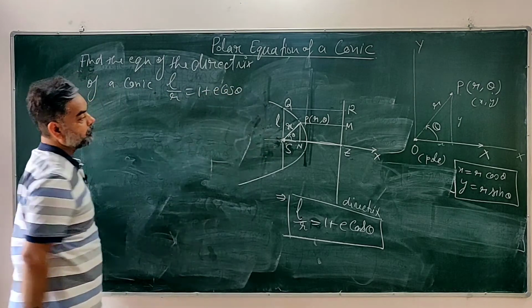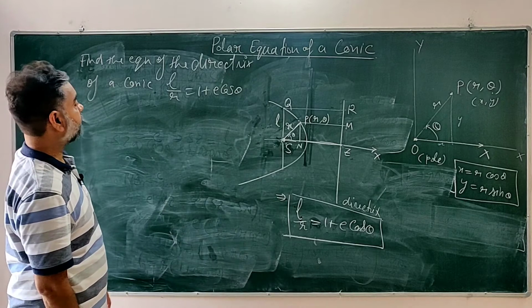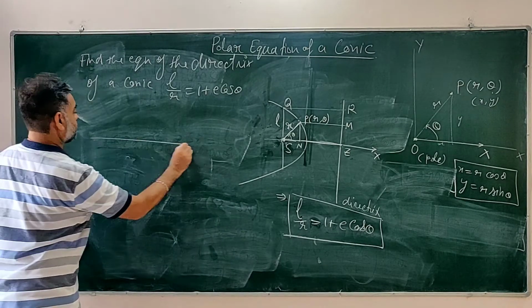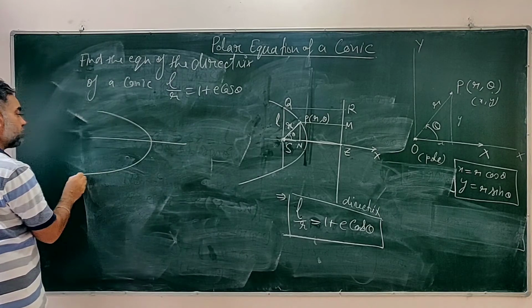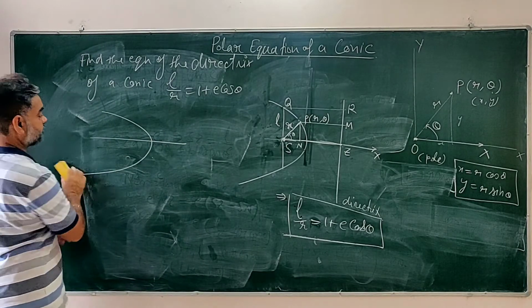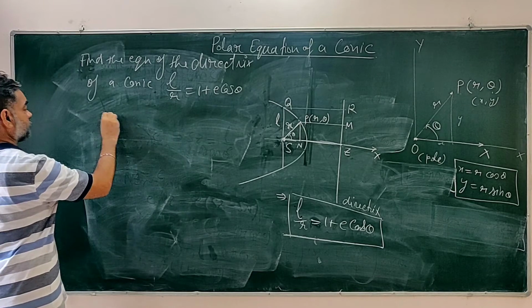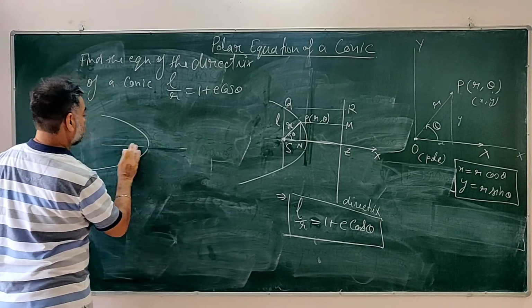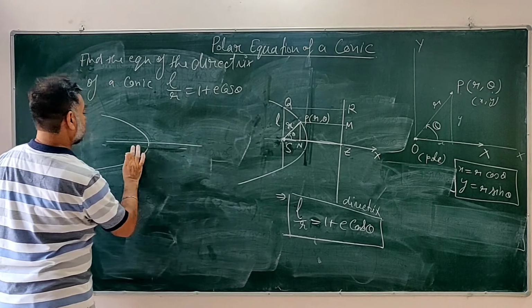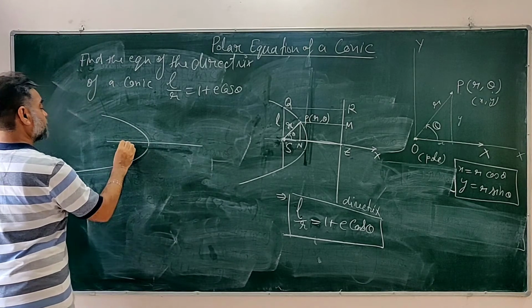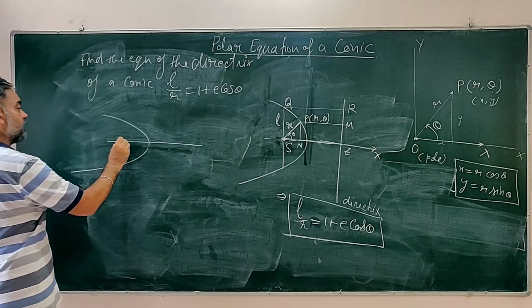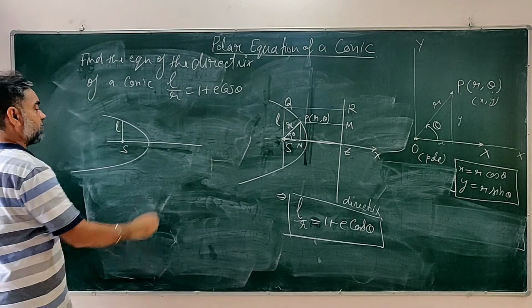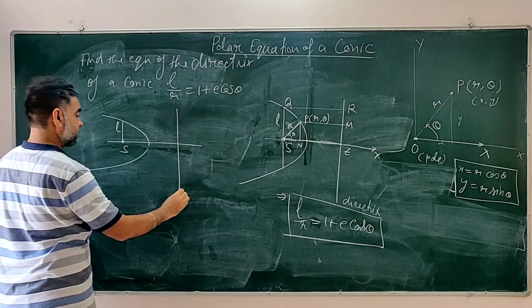So how do you do that? Suppose you have this conic, and suppose this is the axis, this is the focus, this is the semi-latus rectum, and this is the directrix.